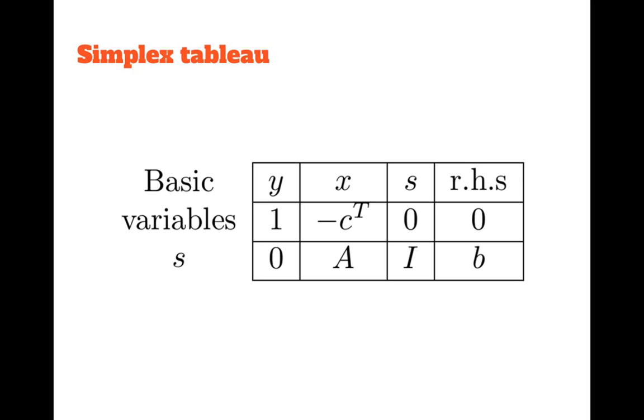The coefficients associated with the second linear equation are 0, the matrix A, the identity matrix I, and the vector b. In addition, we also need a column to indicate the basic variables that are selected at each step of the algorithm. In the first stage, the variable s is the basic variable.